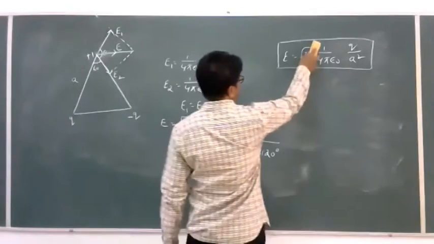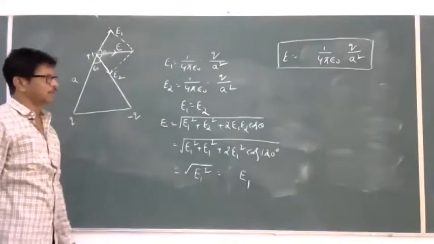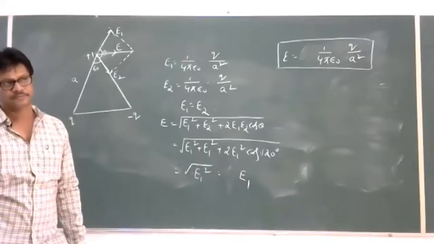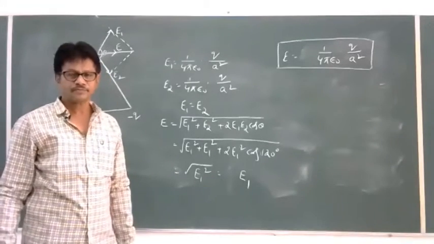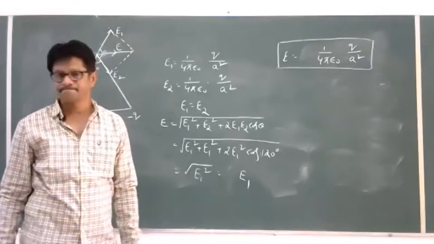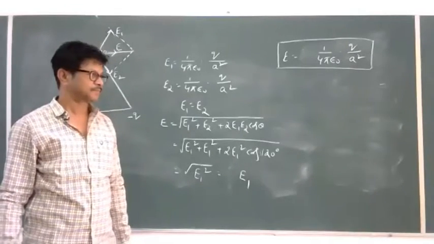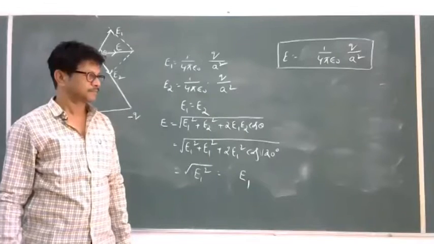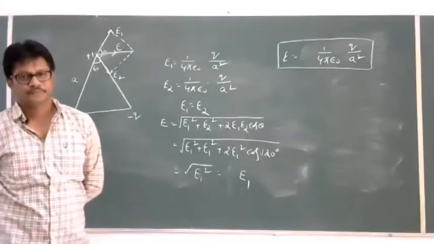So the resultant electric intensity is equal to E1, which is equal to 1 by 4 pi epsilon naught Q by A square. Next case.